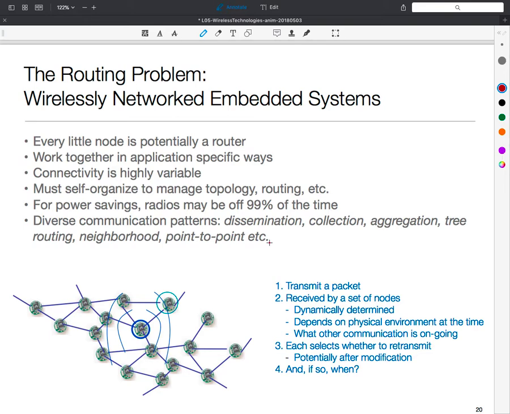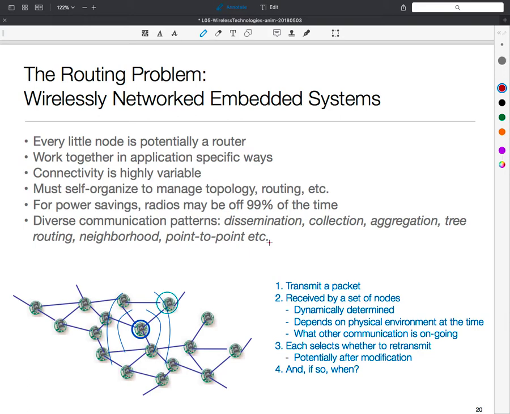So in these systems with mesh topologies, part of the job that routing has to do is figure out the topology of the network. The way it does that is by sending probe packets and learning. Each party learns who its neighbors are, and they somehow fuse that information so that we can do this intelligently.